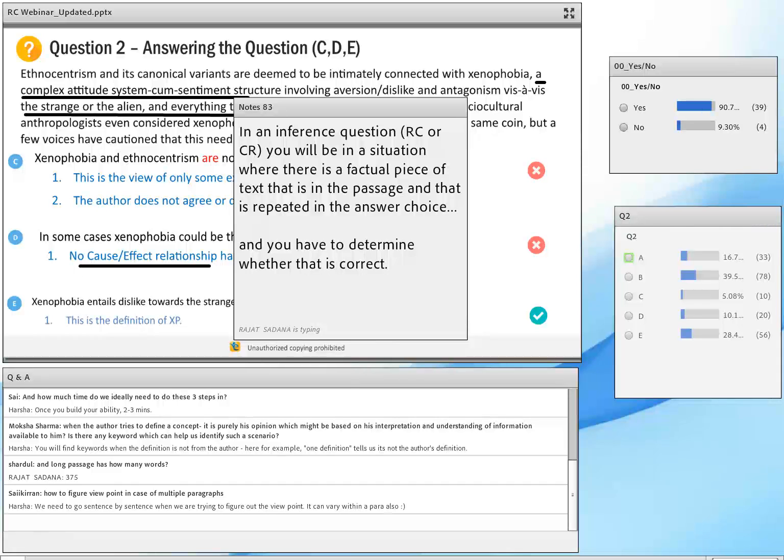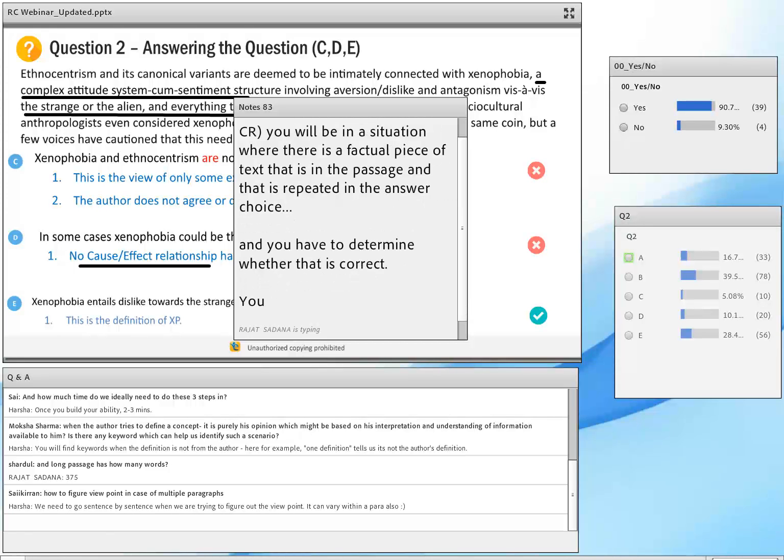In any official passage, that is not the case. You will not get that. You will not be in such a scenario.